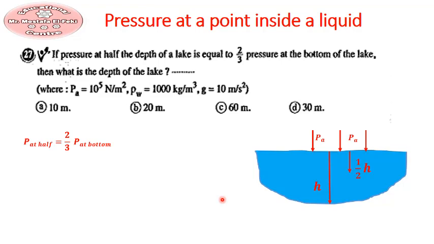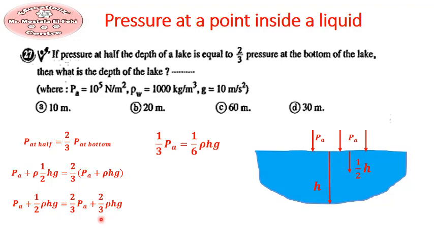The pressure at half depth equals PA plus half rho gh, equals 2 over 3 times the bracket PA plus rho gh. Then PA plus half rho gh equals 2 over 3 PA plus 2 over 3 rho gh.